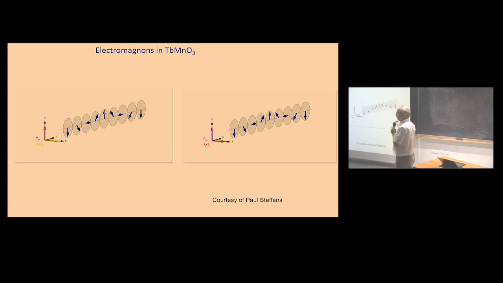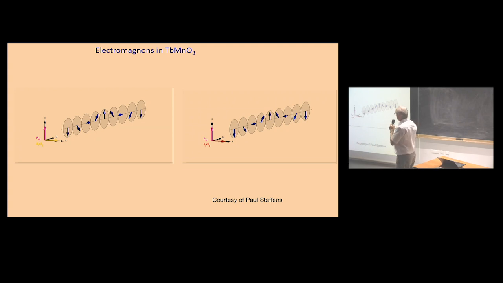I showed before that the static polarization can be rotated from the C-axis to the A-axis. Due to Dzyaloshinskii-Moriya interaction, you change the spin orientation and polarization. But in this case, the electromagnon is independent of magnetic field. So the origin of the electromagnon is not Dzyaloshinskii-Moriya interaction, but exchange striction. And it means a different mechanism for the magnon.